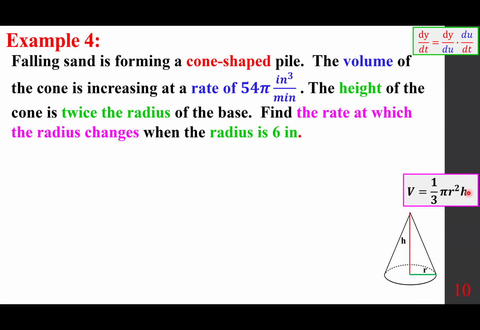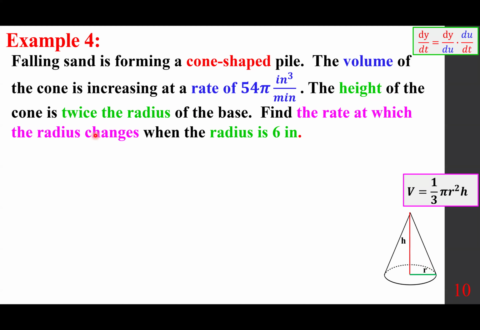This is a piece of information which is prior knowledge of mathematics. You have to do the drawing on this one. Now, the height of the cone is twice the radius. That means h is 2r.